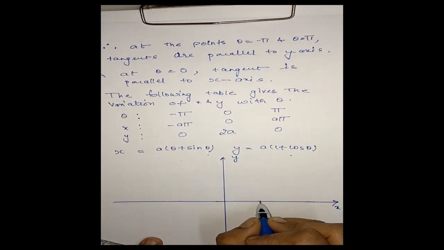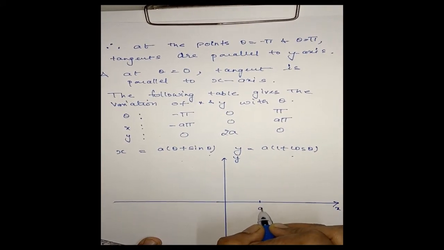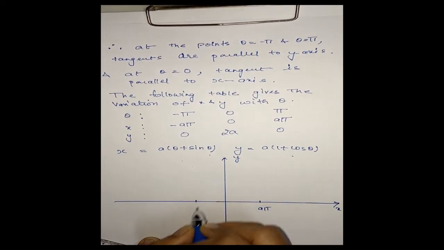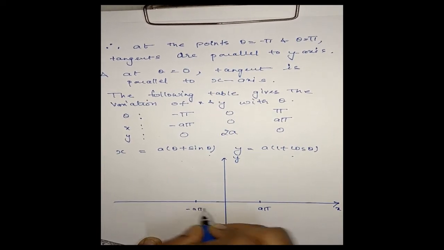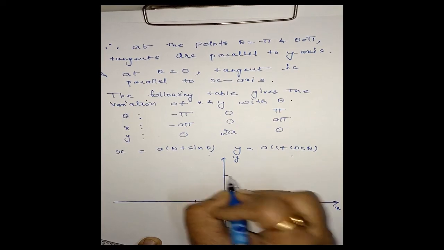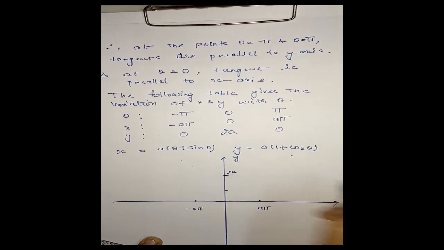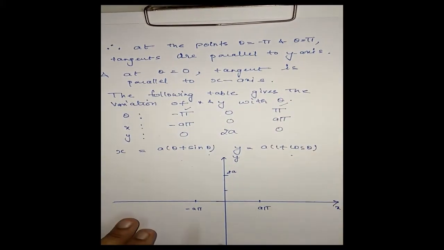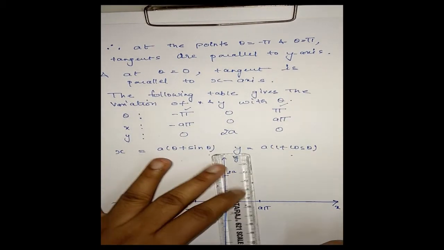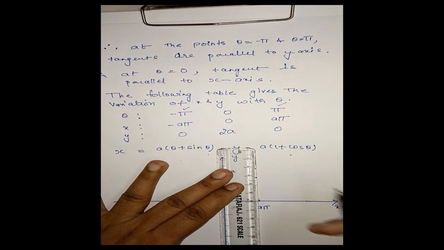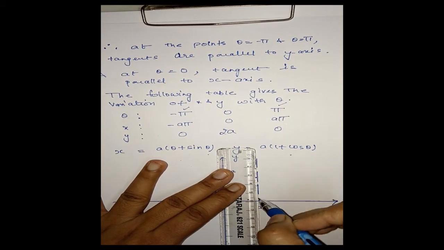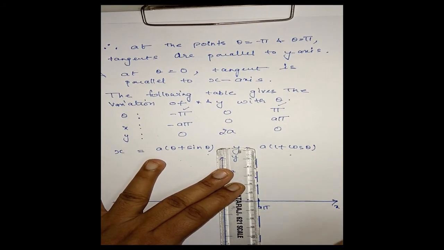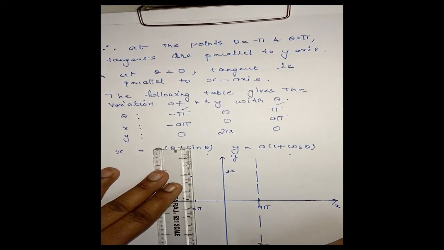Let this point be a pi and this is minus a pi, and let this be 2a. Now at these 2 points, tangents are parallel to y-axis. Therefore, I can draw my tangents parallel to y-axis like this. And here also I can draw.